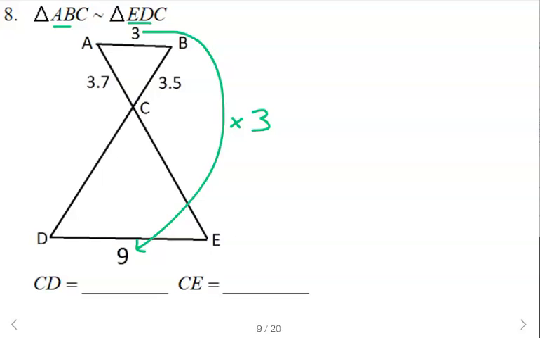So CD is this length. CD corresponds to BC. So if I multiply that by 3, 3.5 times 3 is 10.5.